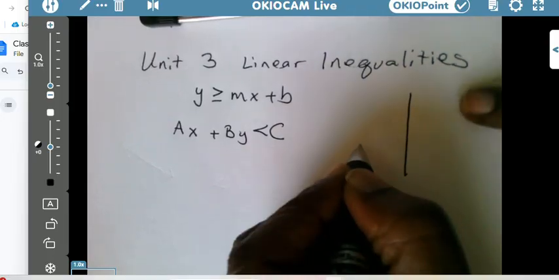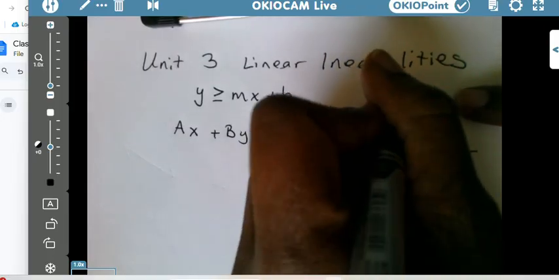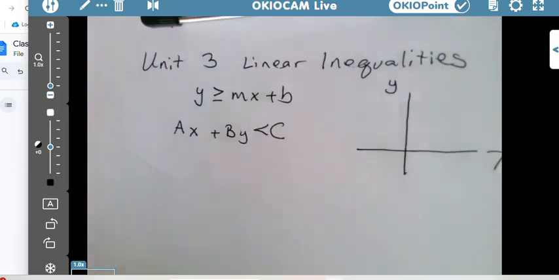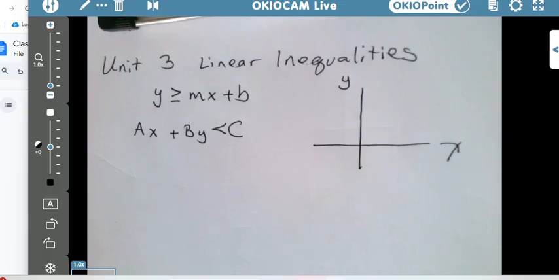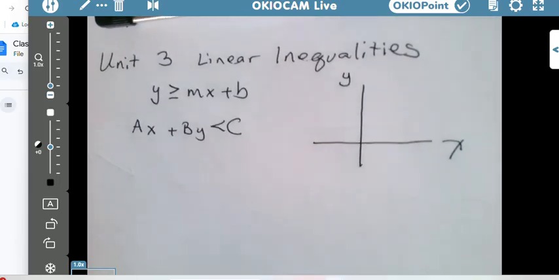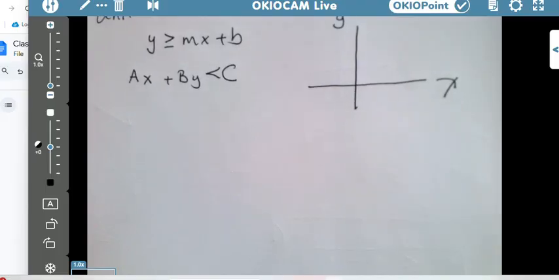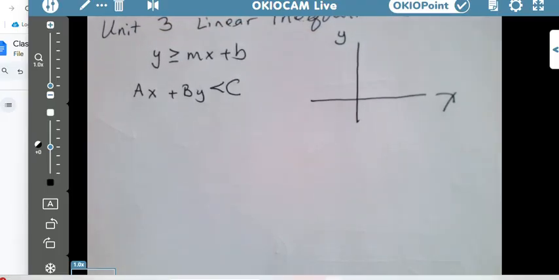Because this is x and y, y'all need to understand that we're graphing on the coordinate plane.